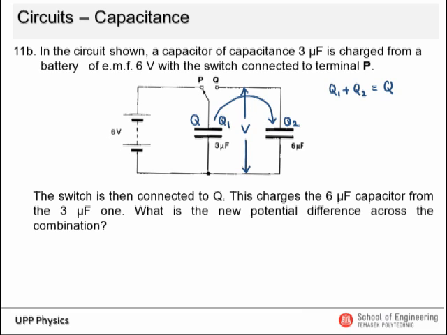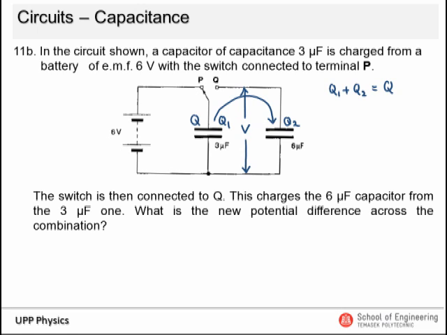Once the two capacitors have the same potential difference across them, then the transfer of charges from the 3 microfarad capacitor to the 6 microfarad capacitor will stop. And the question wants us to find this new potential difference across the combination.